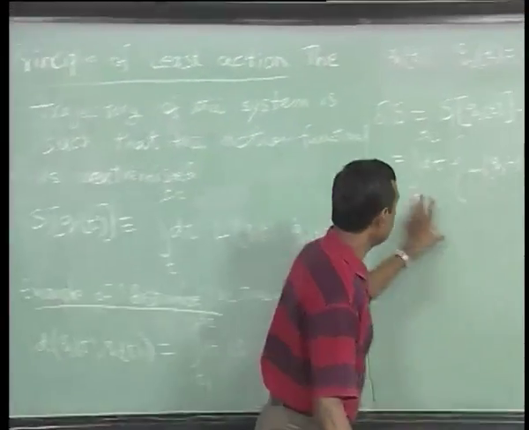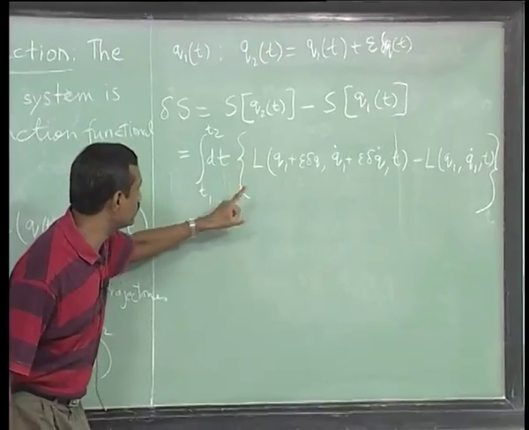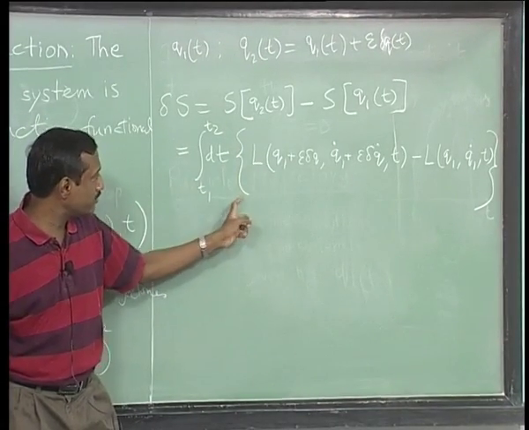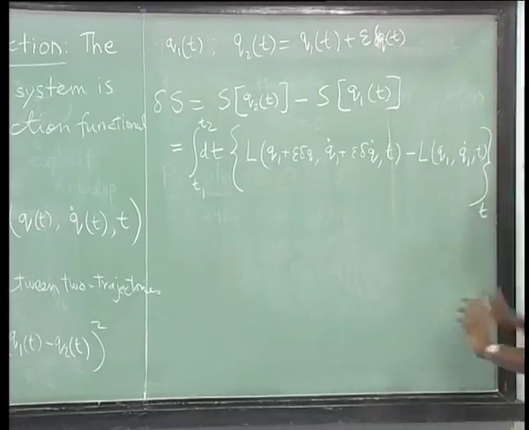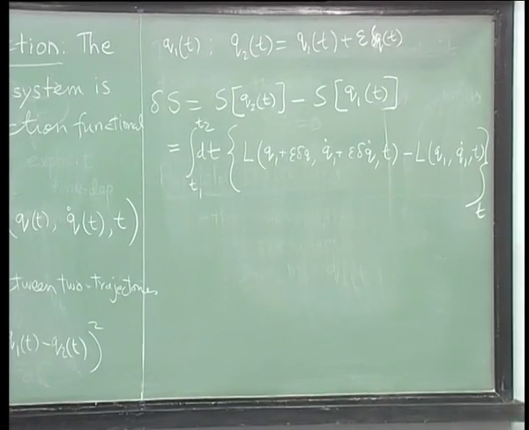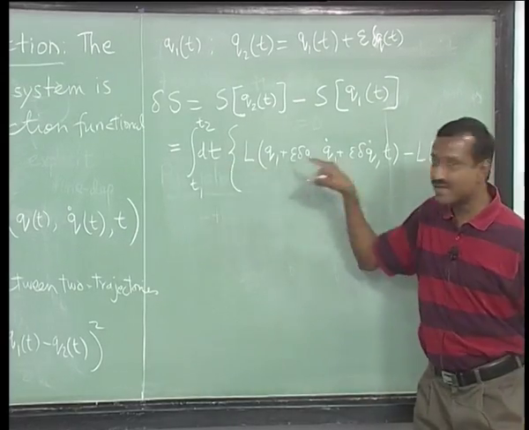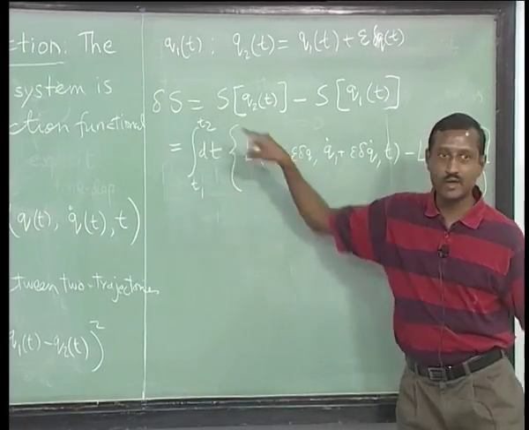Okay. Now, the important point to notice is that the object in the square bracket, in the curly braces, is at some time t. This is a number, but the argument is at some particular t in between t1 and t2.